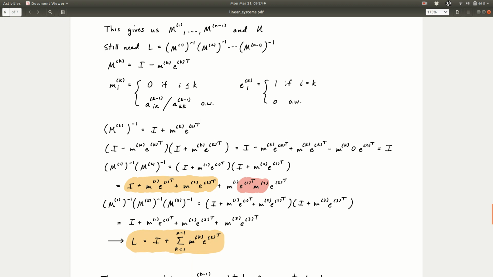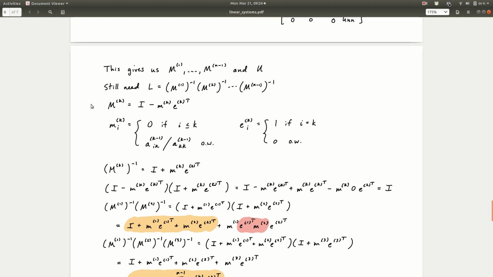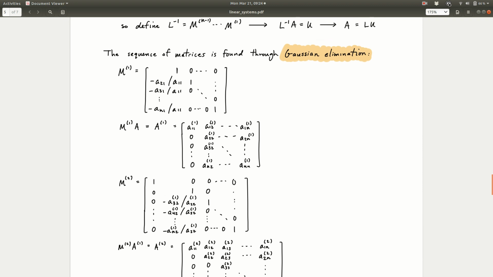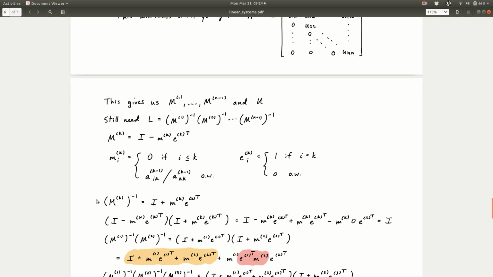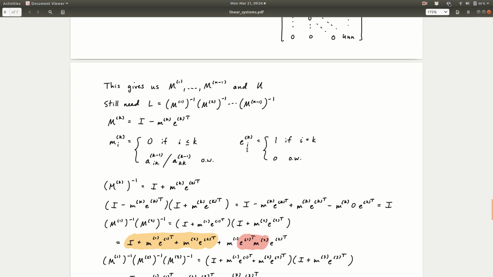These are the entries of the big matrix, capital A, superscript k minus 1. If you're wondering where the heck this comes from, this is simply this vector without the diagonal entry. So it's going to be 0, 0, and then this stuff for lowercase m2. That's all it is. And then Mk is equal to I minus mk times ek transpose. So ek is the kth unit vector.